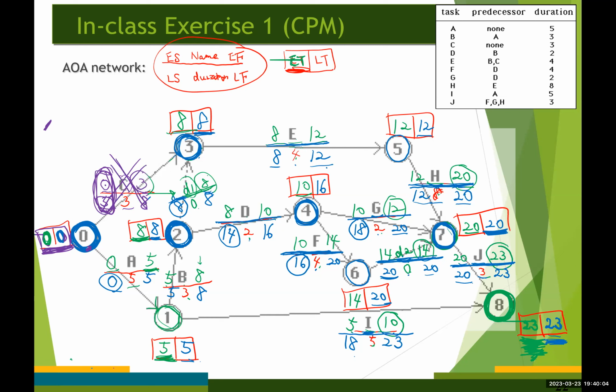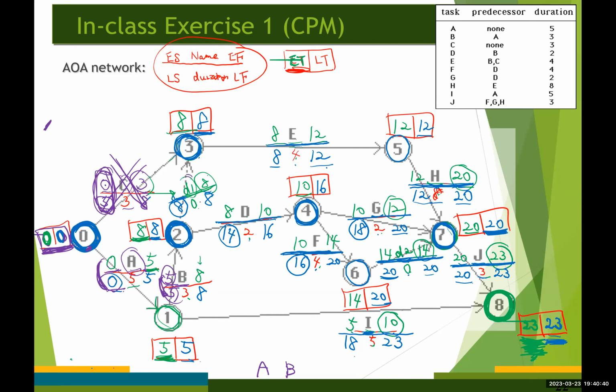But if you look at activity A, there is no difference between these two numbers, which means activity A will be part of the critical path, because it's going to be the critical activity. The same for activity B, there is no difference between these two numbers, which means B is going to be another critical activity.